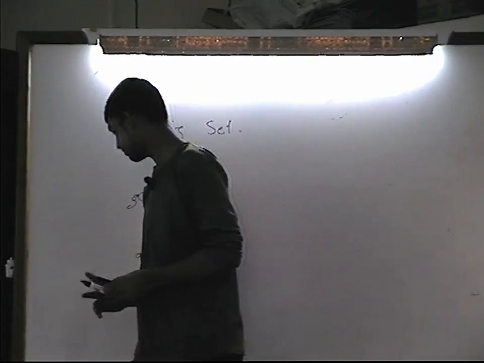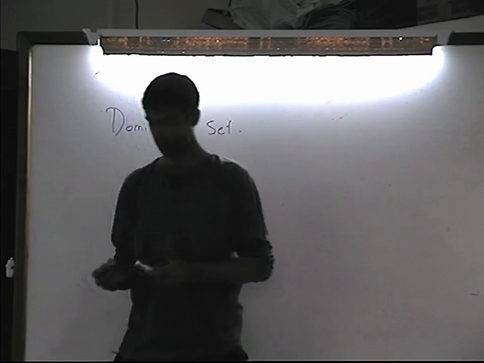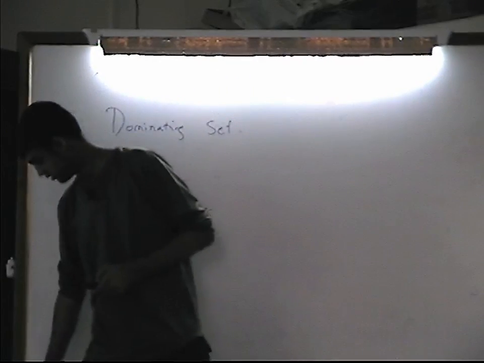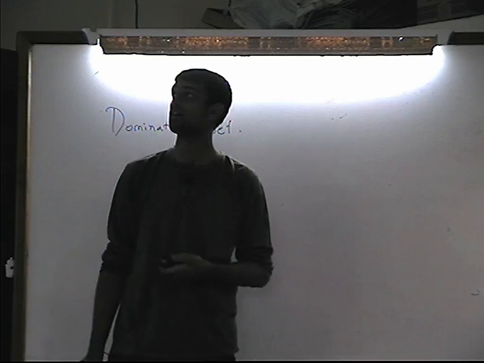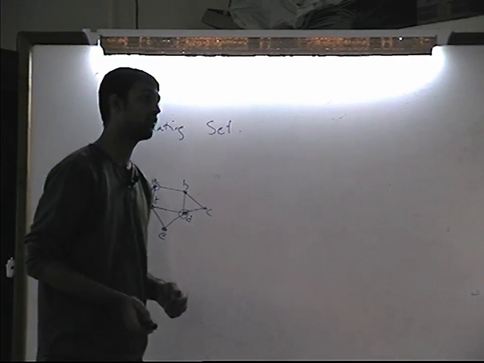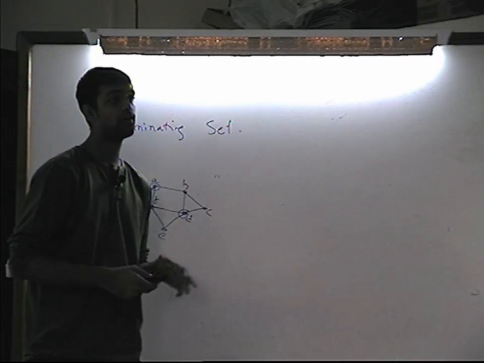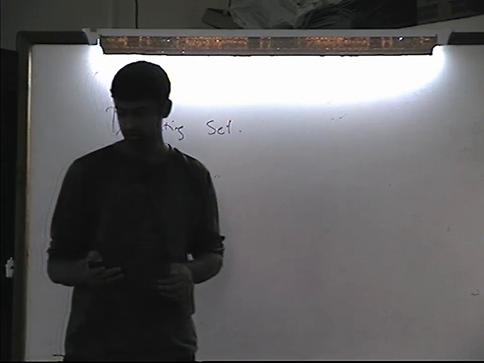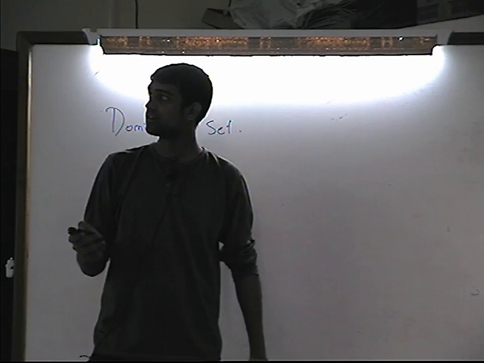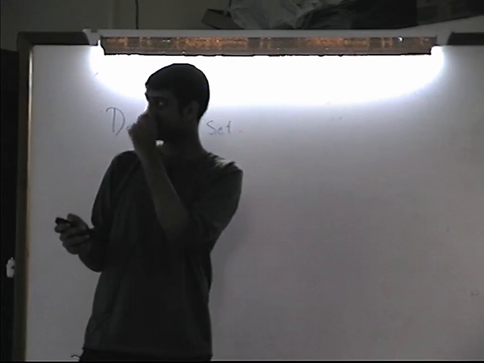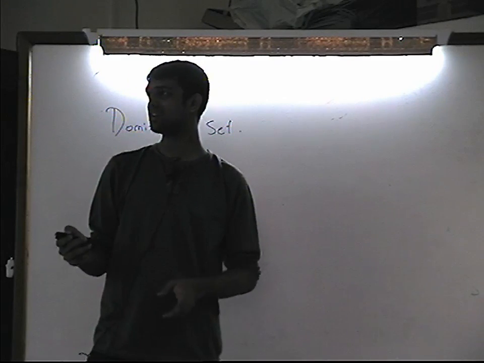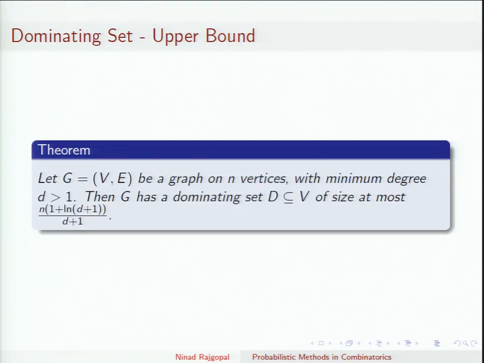The problem of finding the minimum dominating set is again NP complete. So what we look at in our talk is to find an upper bound for the dominating set for all graphs having a fixed minimum degree. So let G be a graph on n vertices with the minimum degree of every vertex being D. D can be any value greater than 1.